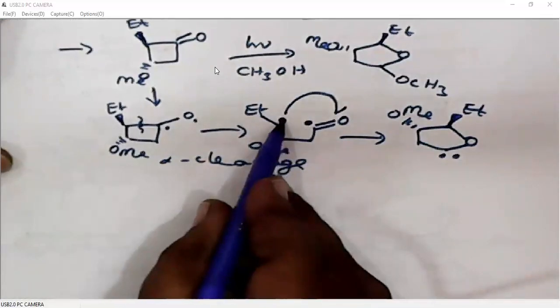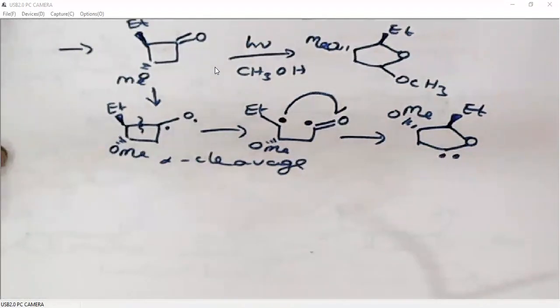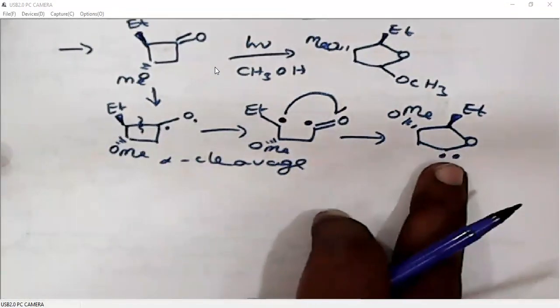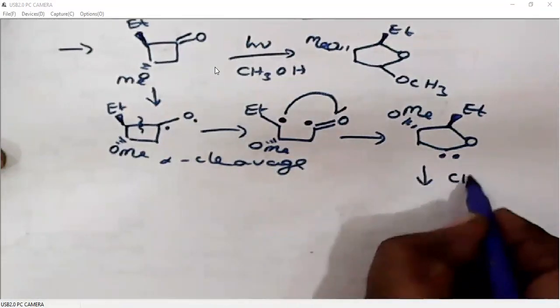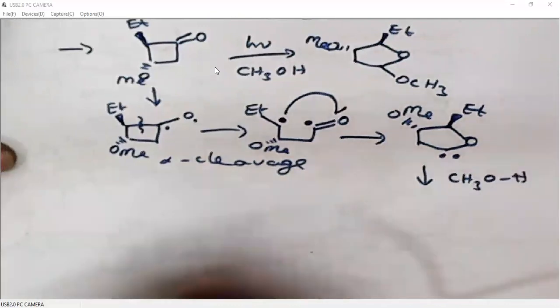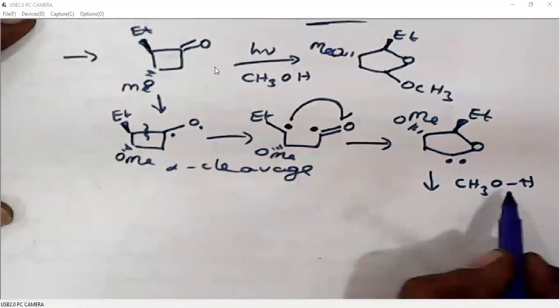This carbon will involve in bonding with this oxygen. So with this, it generates a 5-member ring. Then this carbon will pick up the hydrogen.